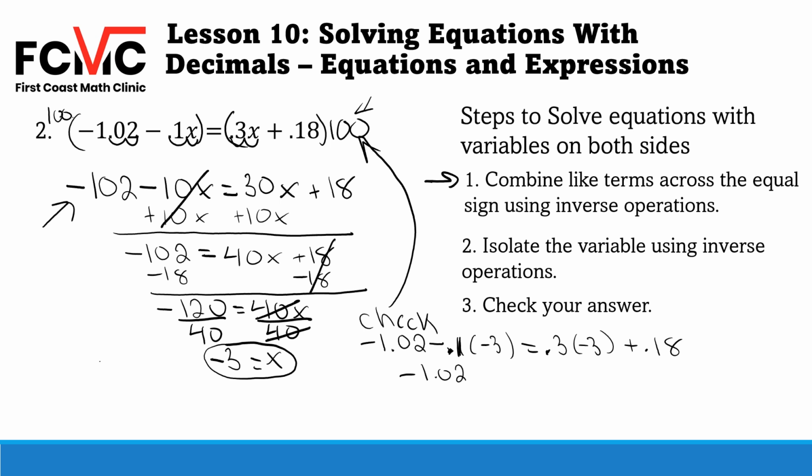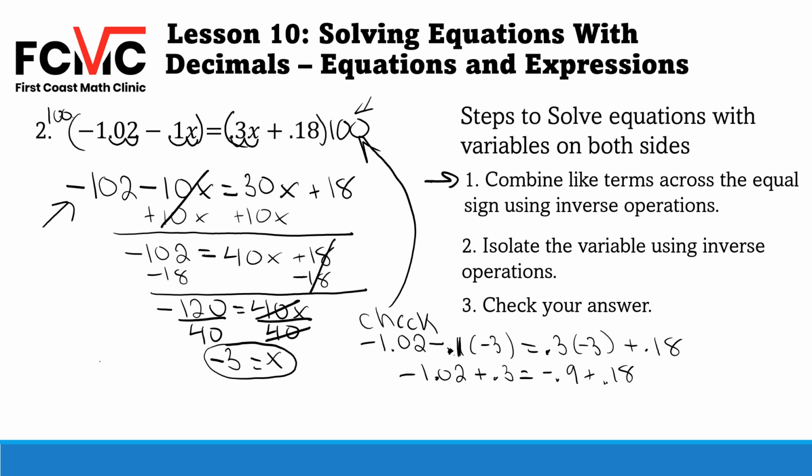So -1.02. And then -0.1 times -3 gives me positive 0.3. And then 0.3 times -3 gives me -0.9 plus 0.18.